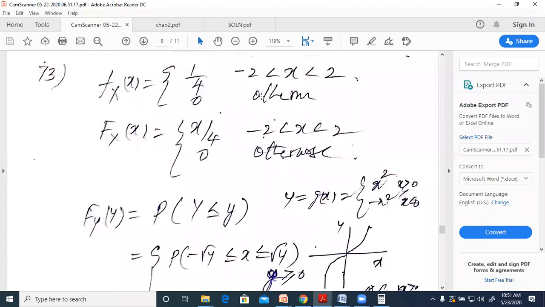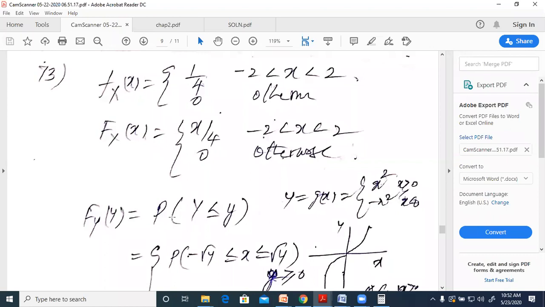This is 0 for less than minus 2 and 1 for greater than plus 2. Less than minus 2 will be 0 for the CDF, and greater than plus 2 will be equal to 1. That is the full probability, total probability, so to say.